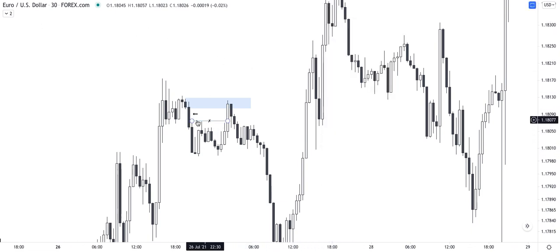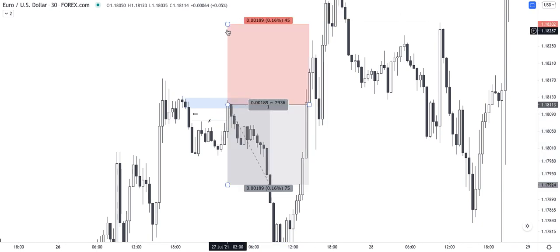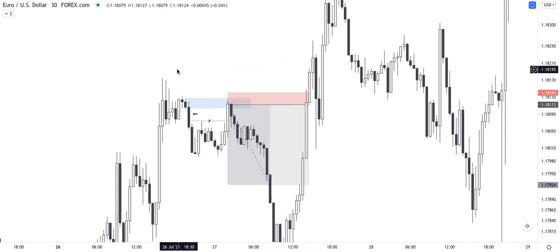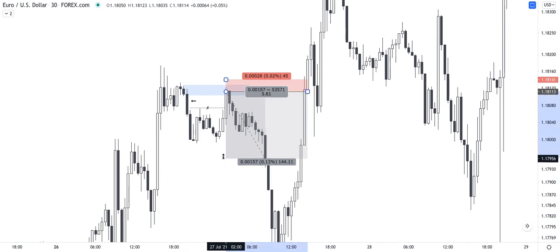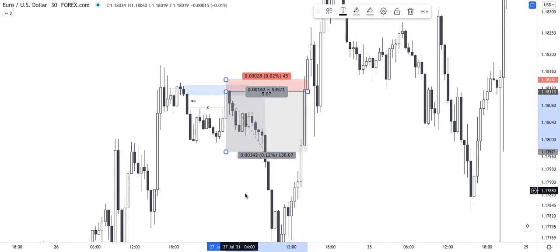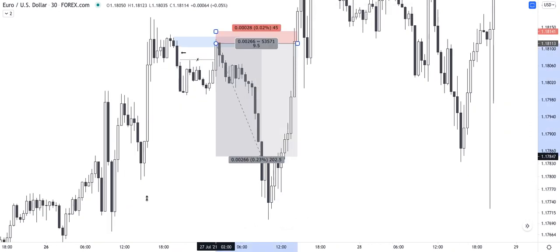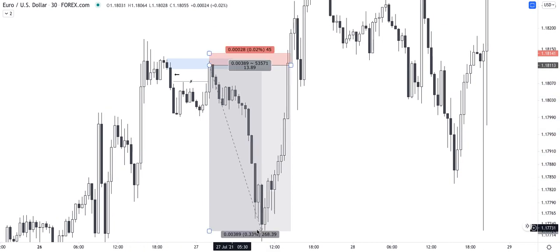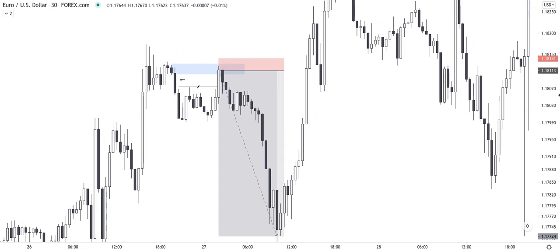And then we see the sweep of the liquidity, filling the imbalance and tapping into the order block, and we see price moving towards the downside. Entry 50%, stop loss just above the wick. If you aim for your 5R, you would have really gotten there quickly. If you aim for the liquidity low, you would have gotten your 13R trade. So I hope this makes sense and I hope you understand it.